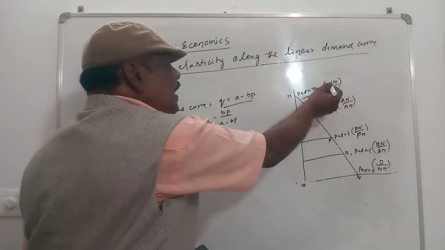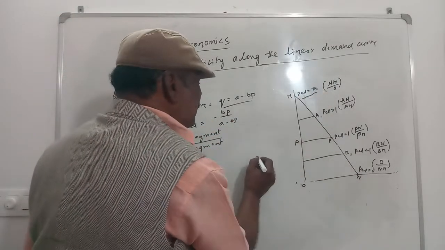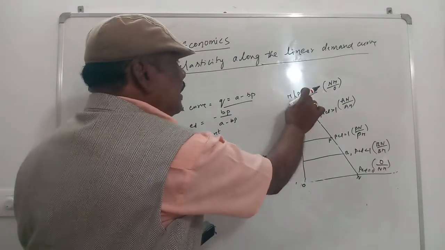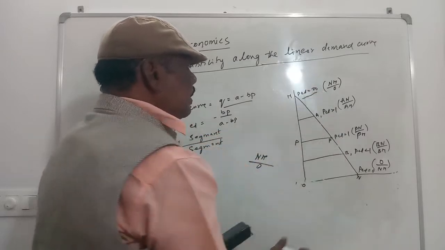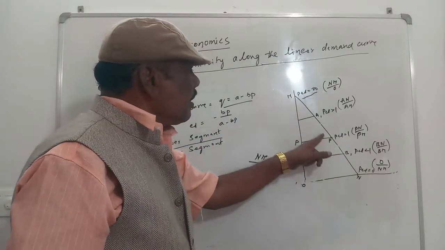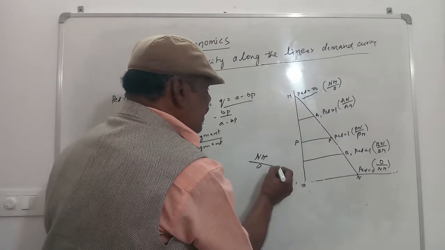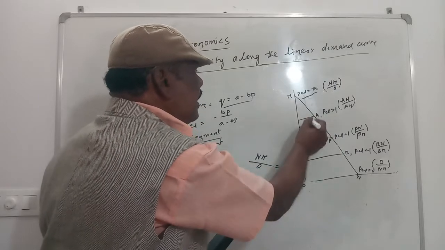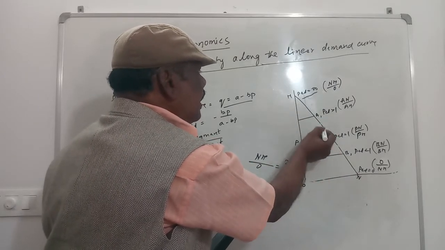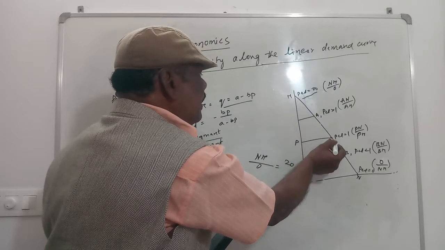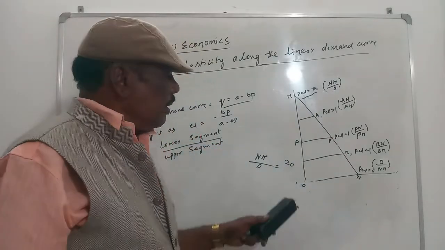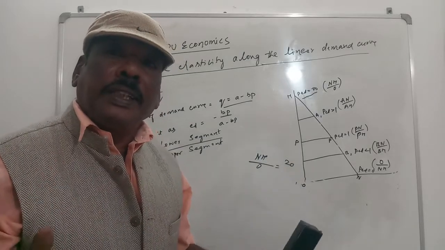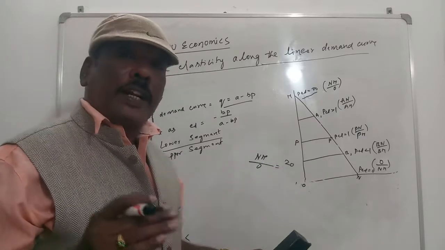Now you just see NM divided by 0. Say for example, you give the value to the whole linear demand curve as 20. Just divide this 20 into 4 parts: 5, 10, 15, 20. We are giving the number just to understand it very easily.